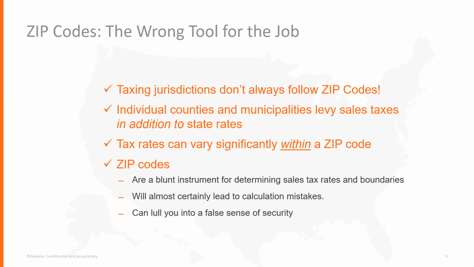So what ends up happening is a lot of these folks using zip codes are probably over collecting sales tax. They may not be. Maybe they're under collecting. That's also a possibility. But just keep in mind that zip codes are not for calculating sales tax. They are for delivering mail. There's no way to be accurate down to the rooftop and collect the correct amount of sales tax using simply a zip code.